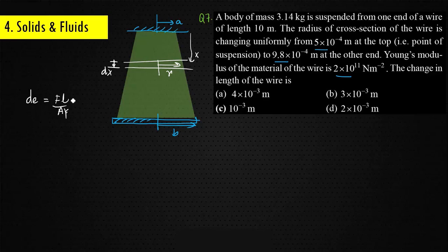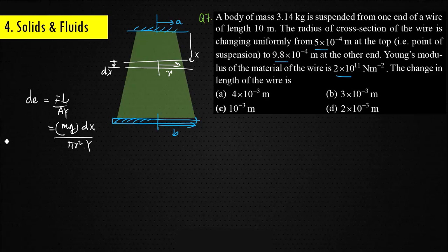F is the force acting on this element. That force is nothing but our mg force. What is the length of this element? The length of the element is dx. The area is pi r squared, and Young's modulus is given as Y.